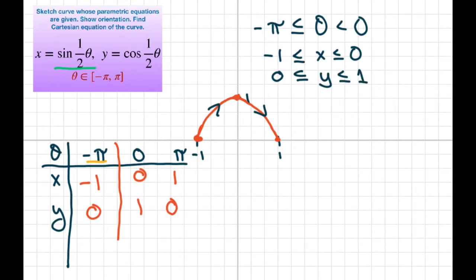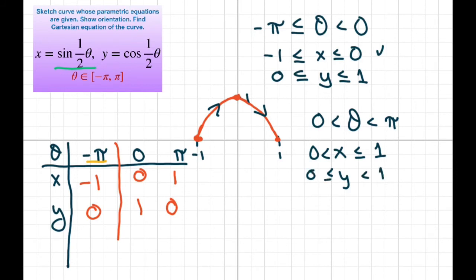And then for theta in between 0 and pi, x is in between 0 and 1, but it's equal to 0 here, but it's not equal to 0 there. And then for y, we have y is greater than or equal to 0, but less than 1. So this is good to know here.